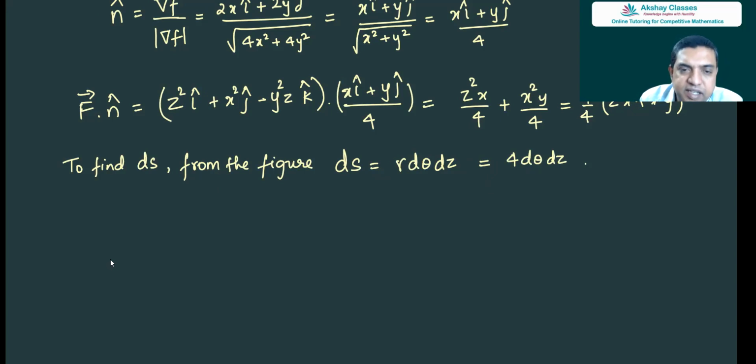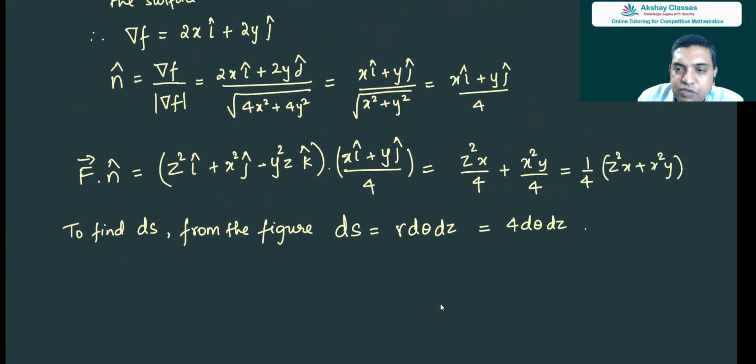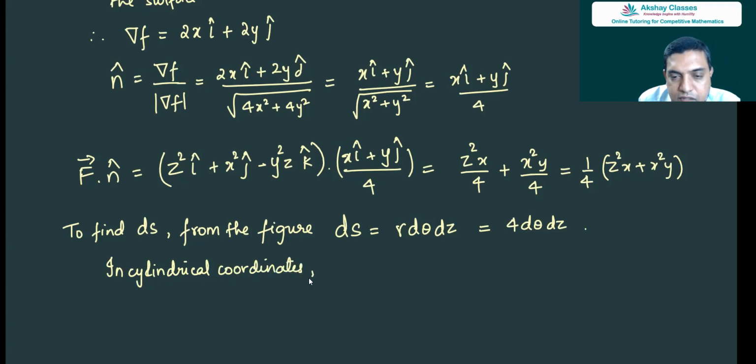Now, because of polar coordinates, we can write x in cylindrical coordinates. These polar coordinates in 3 dimensions are cylindrical coordinates. So in cylindrical coordinates, x is equal to r cos theta, y is equal to r sin theta, and the z axis remains the same.